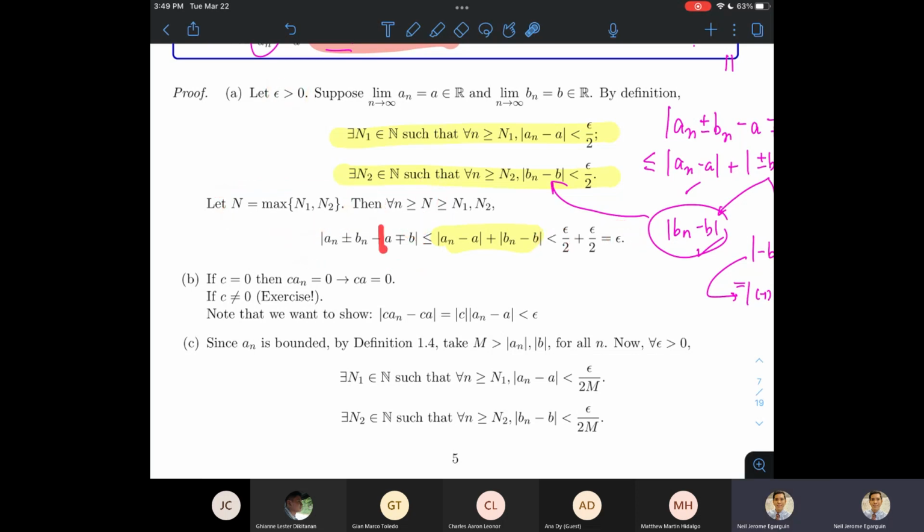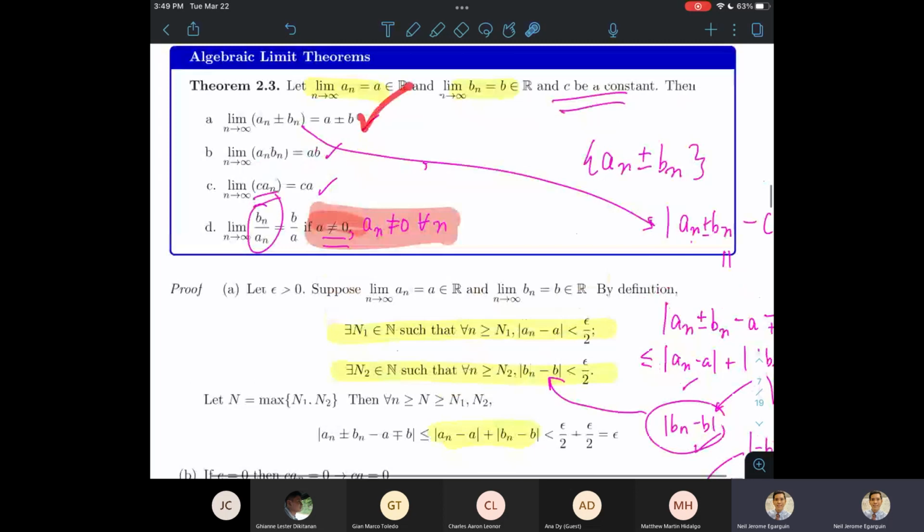So kung sino man yung naka-minus, kung sino yung subtrahend dyan, siya yung limit. Ang subtrahend natin basically ay si A plus or minus B. And that's exactly what we claim to be the limit of the sequence consisting of the sums of the terms of the two individual sequences. Okay? Any questions with that?